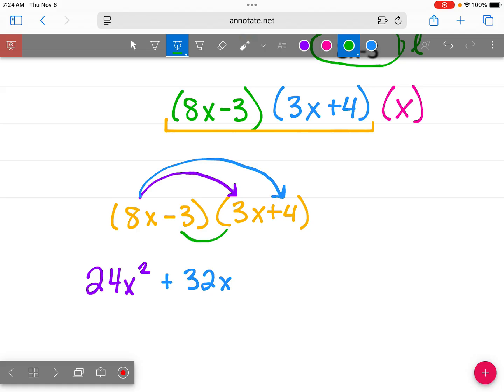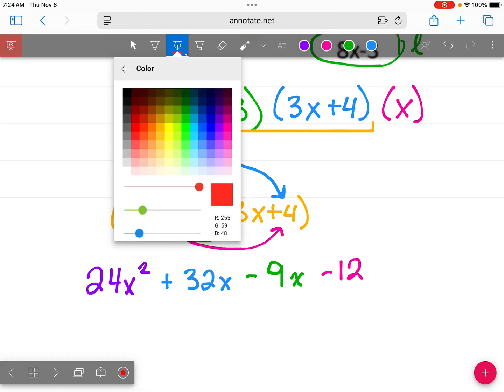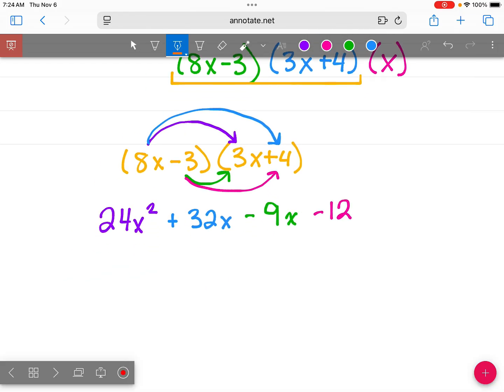So my minus 3 times 3x is going to give us a minus 9x. And then our last term is our minus 3 times 4, which is a minus 12. Then what we're going to do is we're going to combine our like terms together and simplify this.